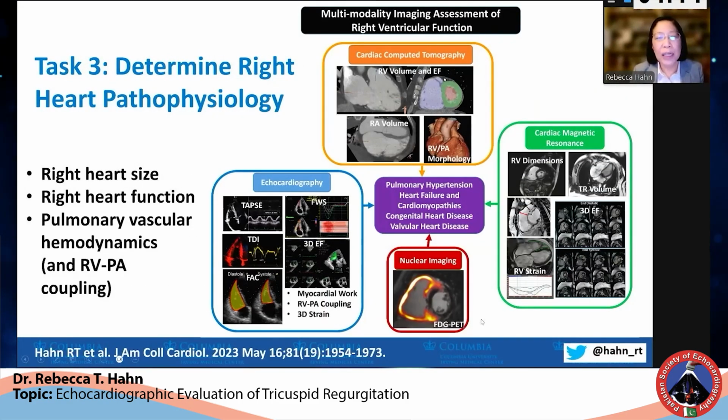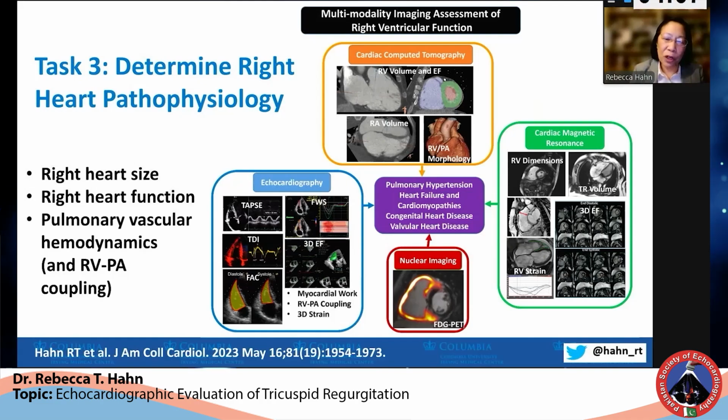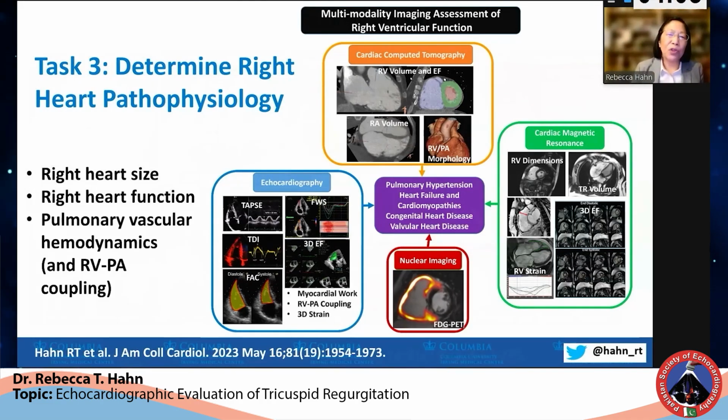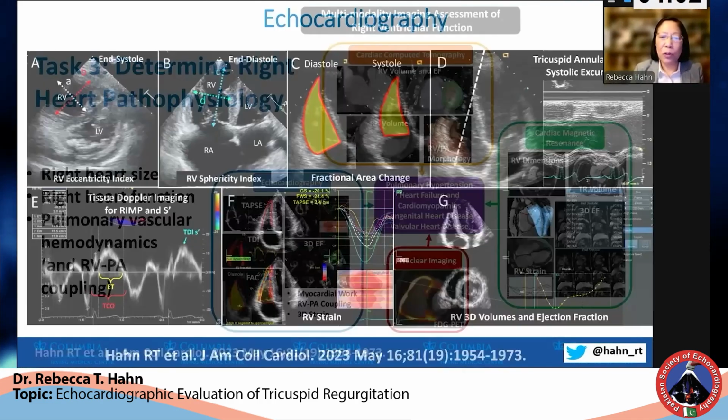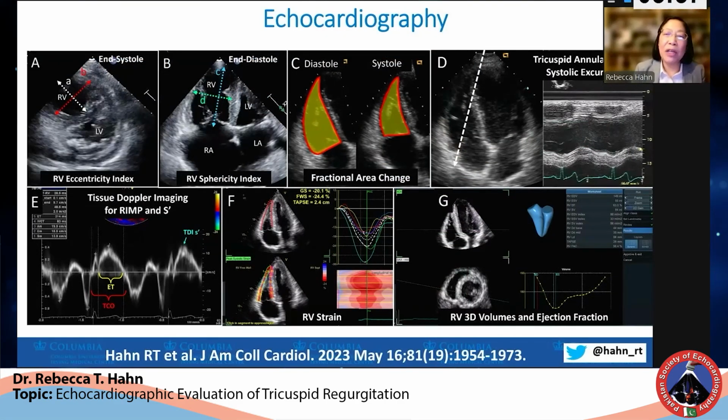Now, the third task is to determine the right heart pathophysiology. This becomes extremely important in determining outcomes for transcatheter device therapies as well as surgical intervention for tricuspid regurgitation. And with echocardiography, we have a number of different measures of not only size, but also function. And that includes TAPSE, which is our traditional measure of longitudinal function, as well as fractional area change, which actually measures not only longitudinal, but circumferential shortening.